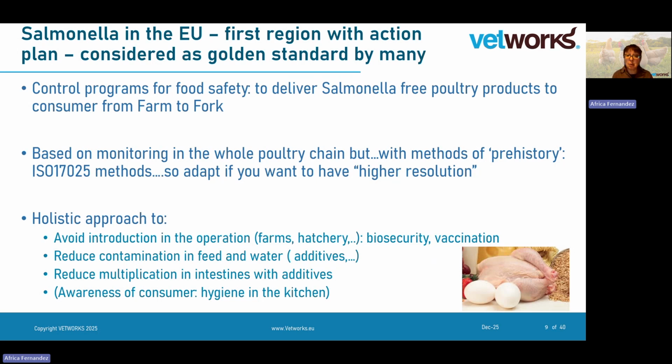The holistic approach will include avoiding the introduction of Salmonella in our operations by using biosecurity, vaccination, reduction of contamination in feed and water by additives, for example, and reducing the multiplication of Salmonella in the intestine, which again, additives could be a good tool.